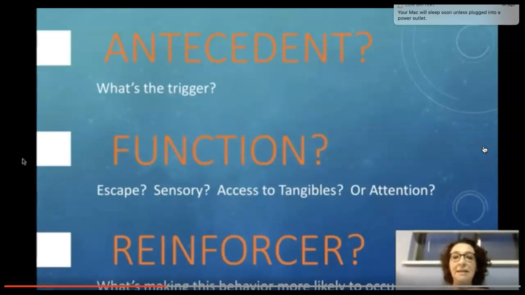Like the example of the student who throws a temper tantrum every time a worksheet is put in front of them. The teacher is reinforcing that behavior when she takes away the page. So we have to be open to the fact that most often it's us who is reinforcing the behavior.